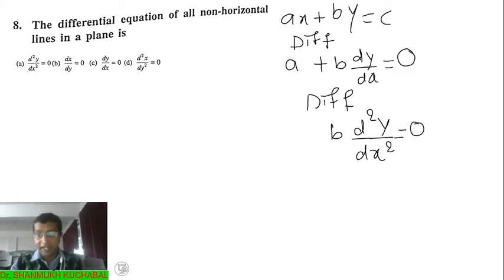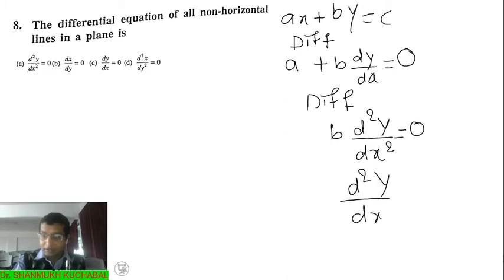So b we transport it to RHS, 0 divided by b will become 0. So we get d square y by dx square equal to 0. Therefore option A, d square y by dx square equal to 0, is the right answer.